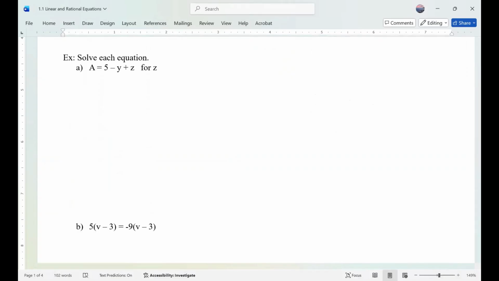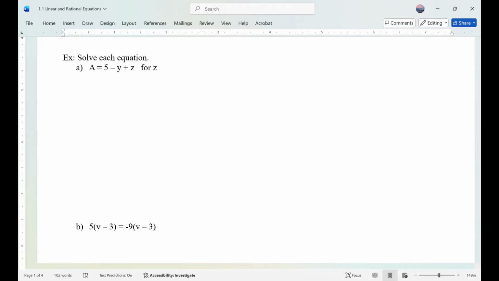So our first equation is a formula, and a formula contains more than one variable, but you're trying to solve for one of them. So for instance, let's say that the big A represents the area, Y represents the length, Z represents the width, and this is for some object that we have, and we have 10,000 items.